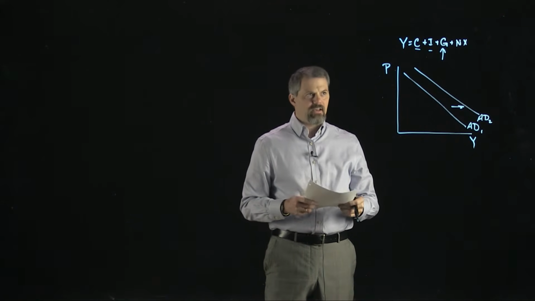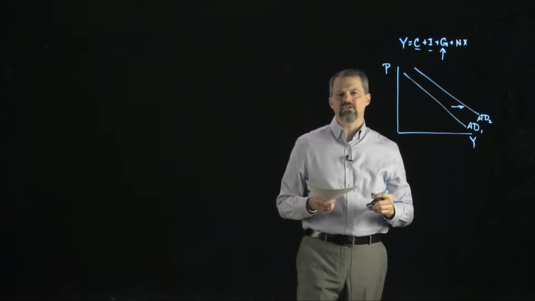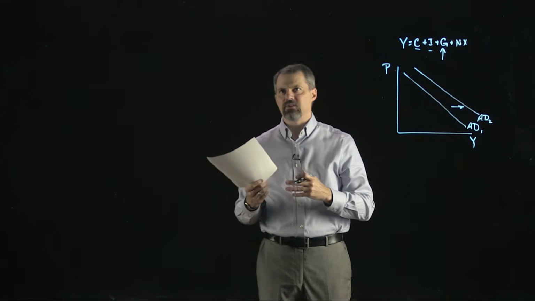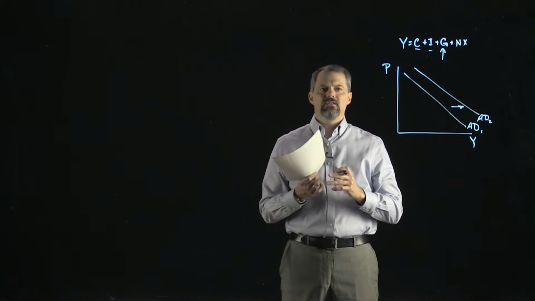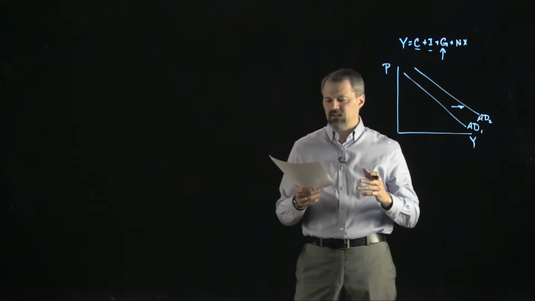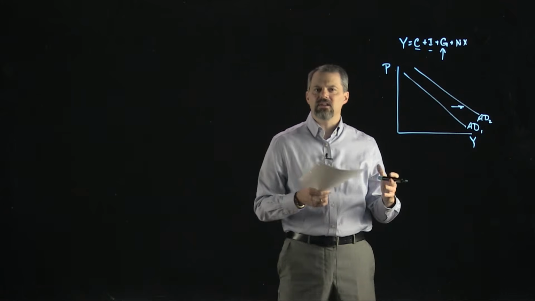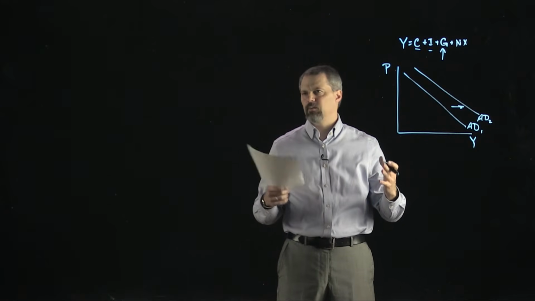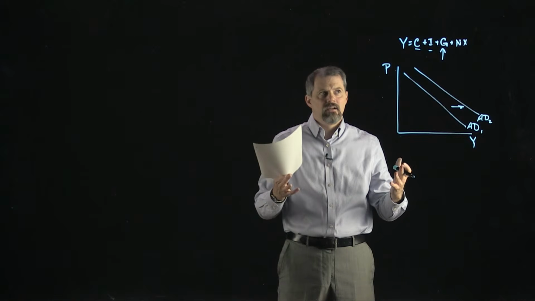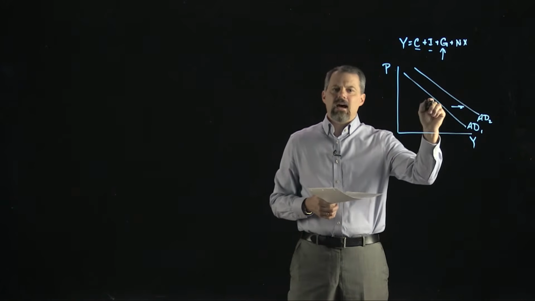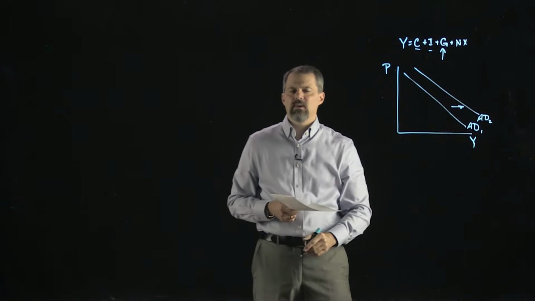The question that we have to think about is, how much does a change in government purchases affect the aggregate demand curve? So if we had a change in government spending of, say, $10 billion, suppose the government buys some new fighter jets or something like that. The question is, how much does that shift the aggregate demand curve?